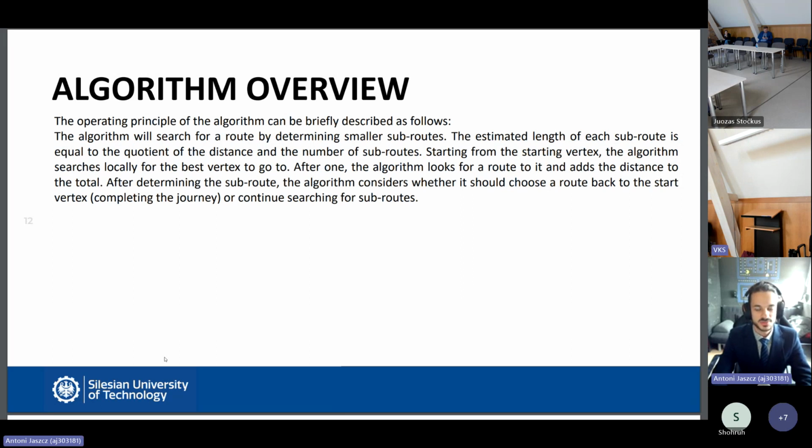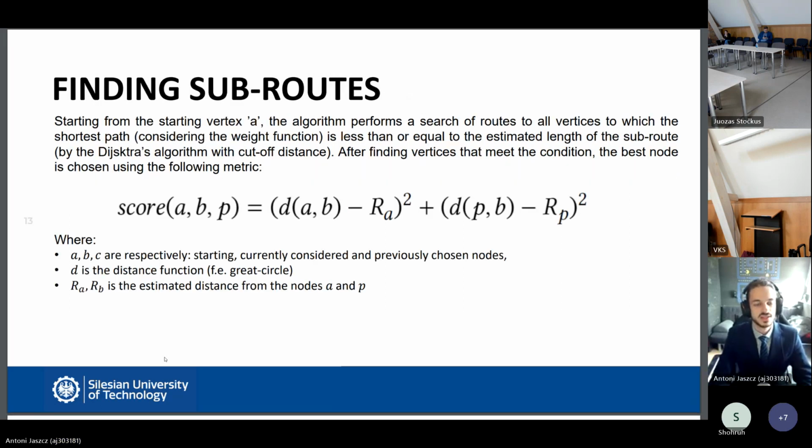So the algorithm is based on finding smaller subroutes and attaching them one to another to create a full route. And the finding of subroutes is based on the altered Dijkstra algorithm with cutoff distance. So we basically consider only nodes that are at a certain distance from the center, and then choose the best node to go to based on the scoring function presented right now.